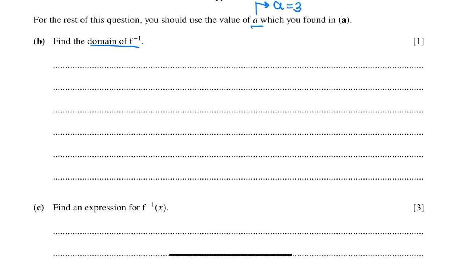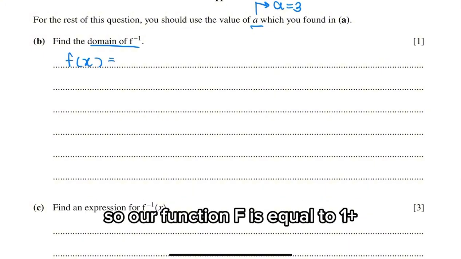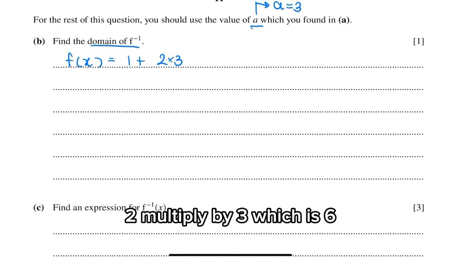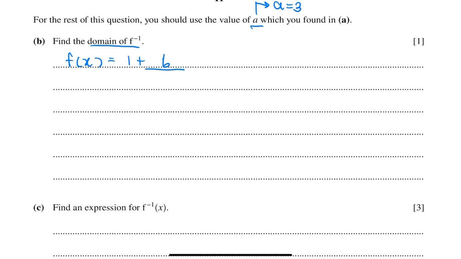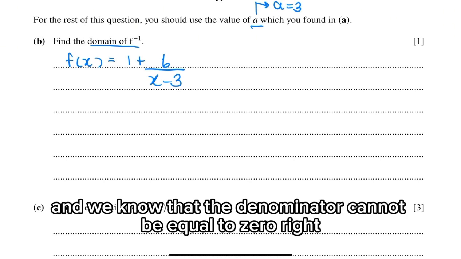Okay, so first step, let's write the function f down first. So our function f is equal to 1 plus 2 multiplied by 3, which is 6, over x minus 3. And we know that the denominator cannot be equal to 0, right?